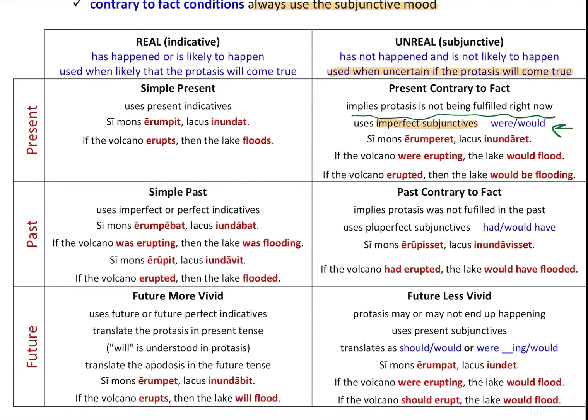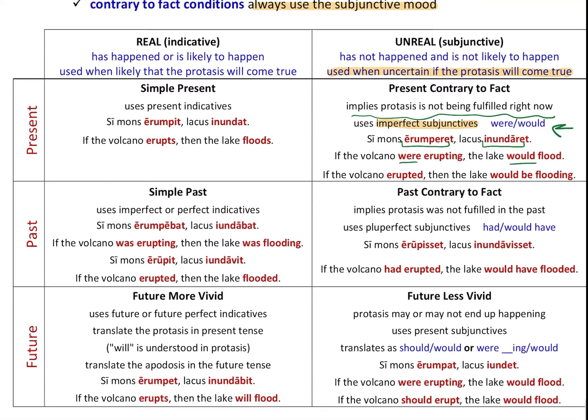So, si mons erumperet, lacus inundaret. So it uses imperfect subjunctives, what we just learned. You remember we just learned this week. You remember that second principal part used the infinitive, just with the simple endings on it. So it uses imperfect subjunctives. If the volcano were erupting, here's the were, the lake would flood. Okay?